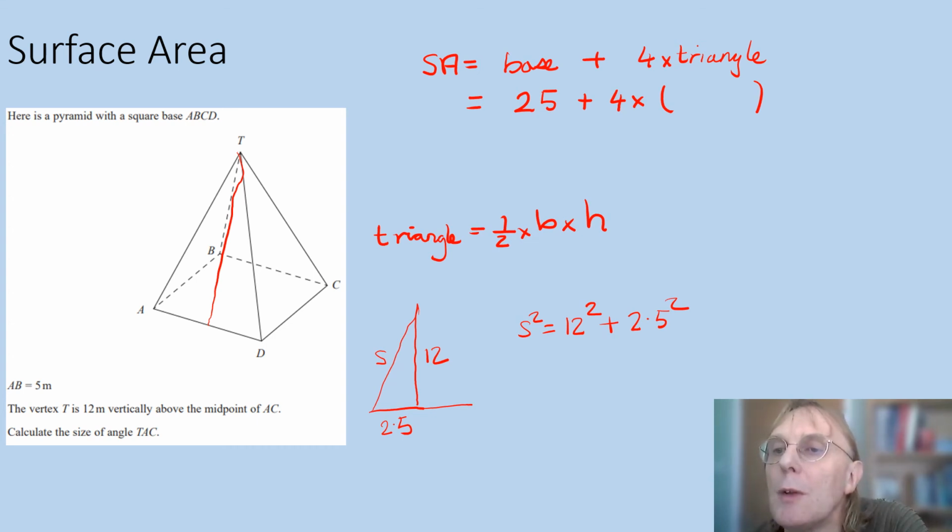So S, if we work that all out, don't forget to put them in together. So 12 squared is 144 plus 2.5 squared will be 6.25.